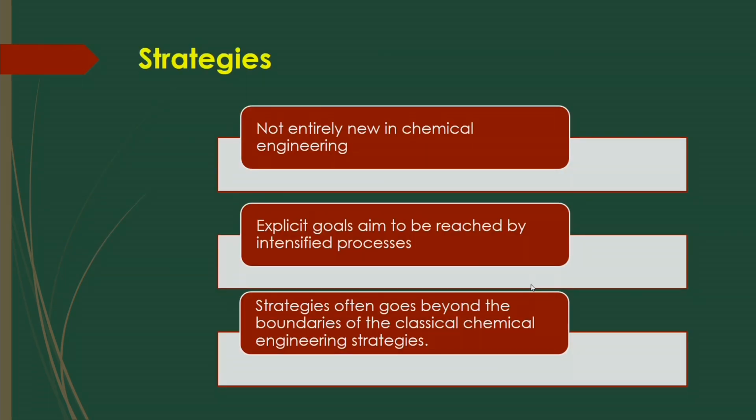Now, the strategies that we have described are actually not entirely new in chemical engineering. In chemical engineering processes, all those strategies are actually taken care of, but nowadays since population and pollution in the environment have increased, you have to have some explicit goal to reach a clean environment by way of process intensification.